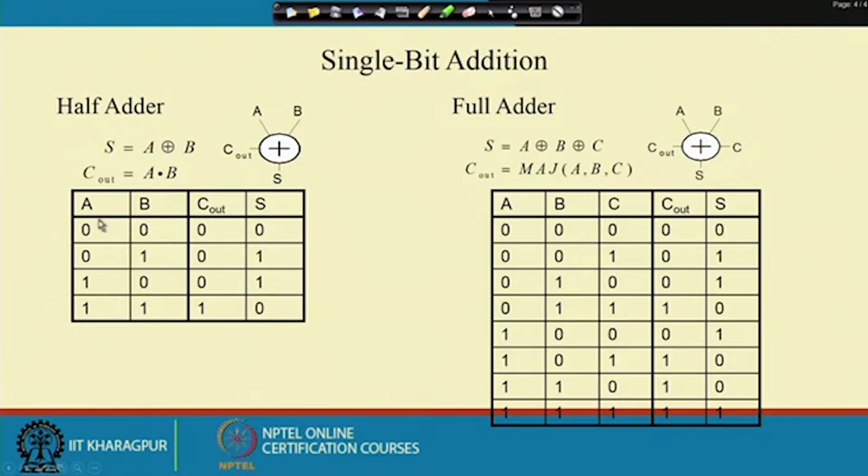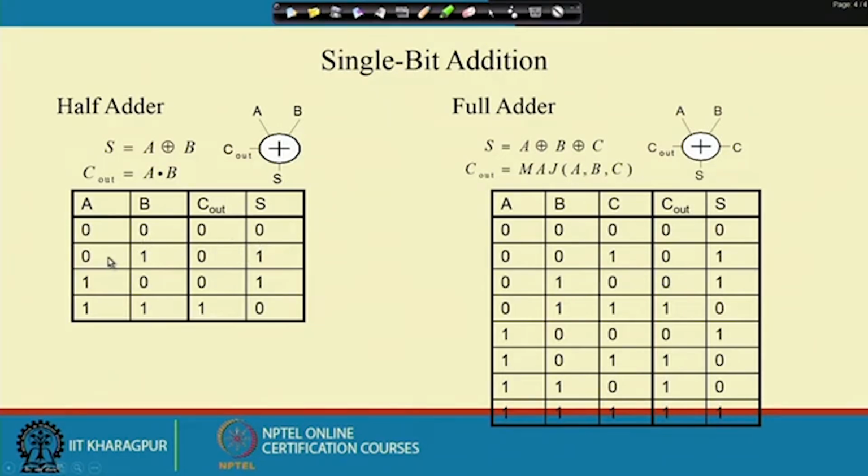As we are considering two bits A and B as input of the half adder circuit, I need to do binary addition operation. Binary addition operation means whenever I add 0 along with 0, my sum will be 0 and carry out will be 1.